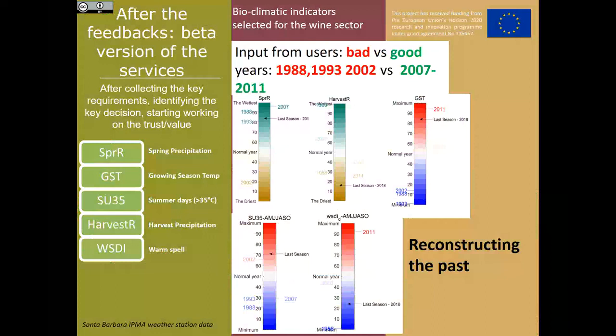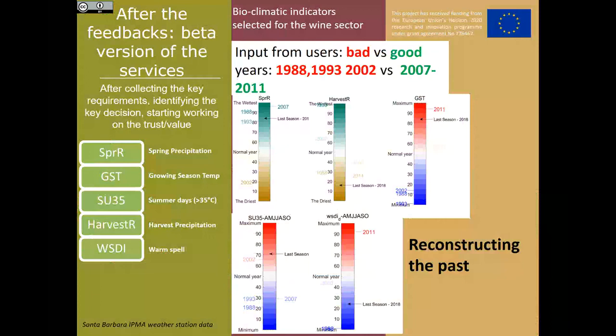And the other point that we understood during the code development and the co-design of the service is that we should start from a collection of good and bad years, in order to understand if the service that we are developing could correctly reproduce and depict these good and bad years in the past.